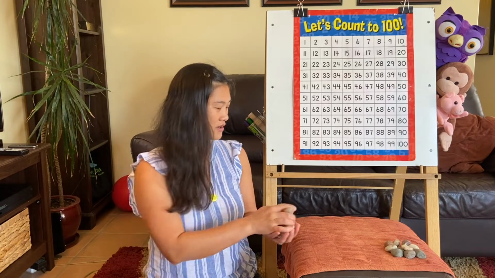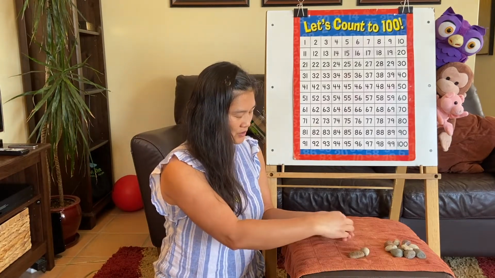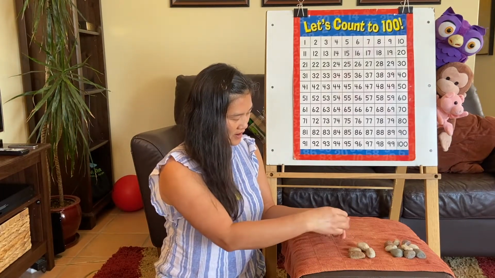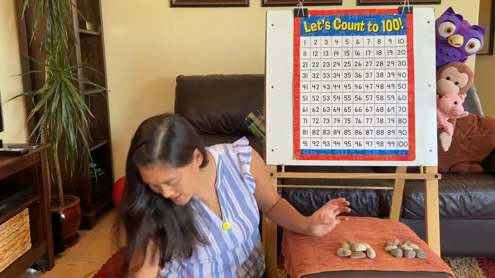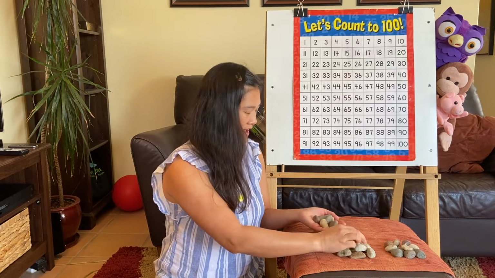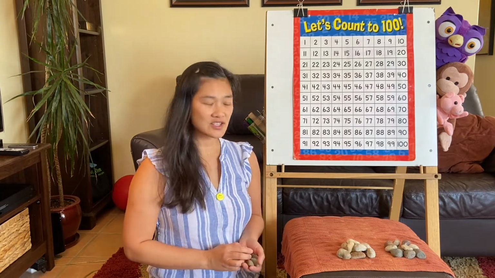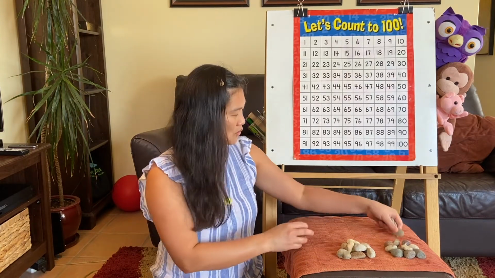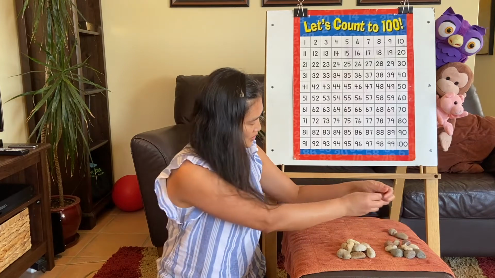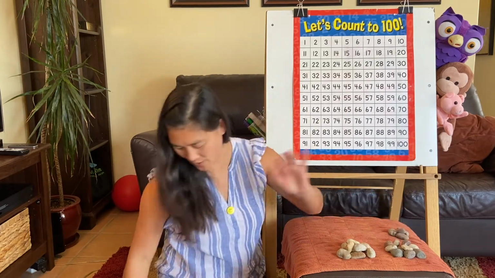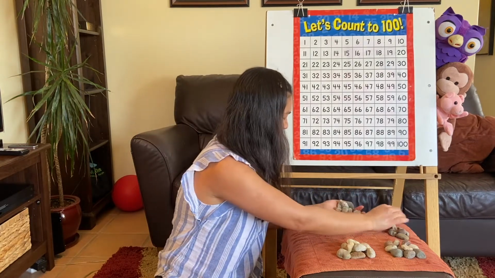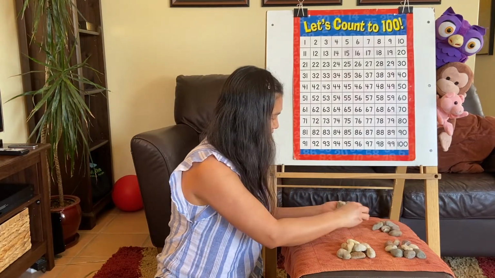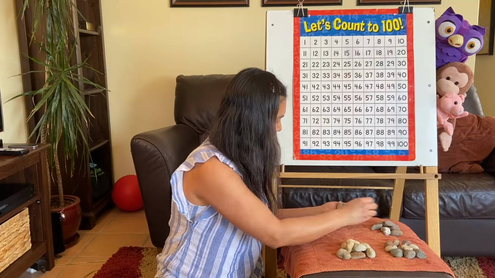Okay, here we go. 1, 2, 3, 4, 5, 6, 7, 8, 9, 10. That's two groups of 10. 1, 2, 3, 4, 5, 6, 7, 8, 9, 10.